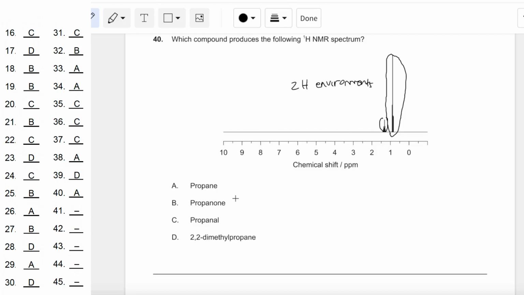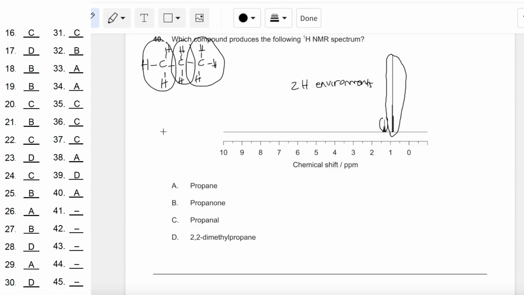If you want to check how many environments in propane, it will be here. All right, so it has 1 and 2 H environments.